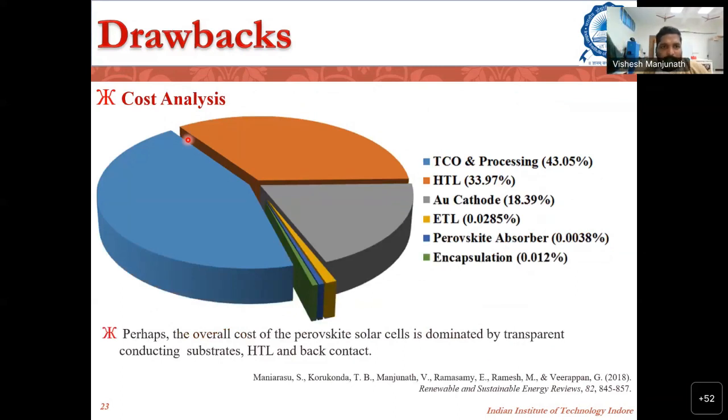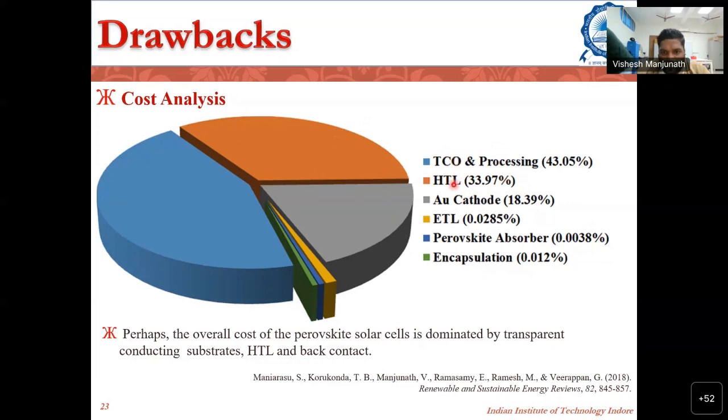The next drawback is the cost. When we analyze the cost, the perovskite cost is around 0.038%, while gold is around 18%, TCO is around 43%, and the HTL is around 33.97%.